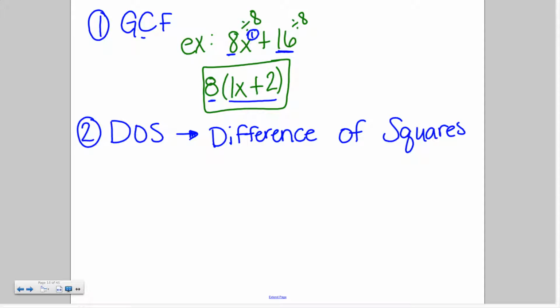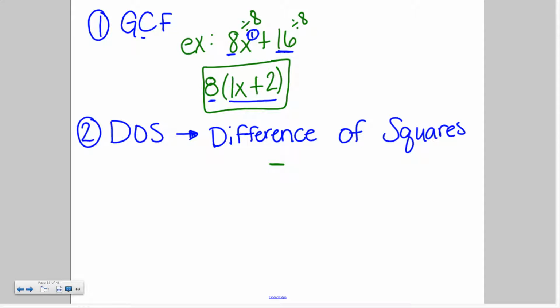But just know that difference means I'm going to have subtraction, all right? So in other words, my difference of squares is I'm going to have a perfect square with a variable minus another perfect square, all right? So I'm going to have 2 numbers that are perfect squares. And I'm not going to do an example of this. Well, I'll go ahead and do an example real quick.